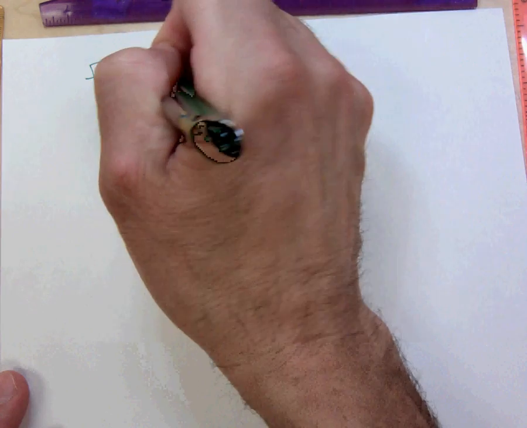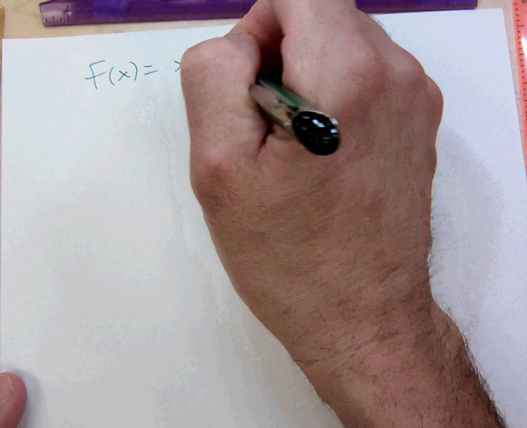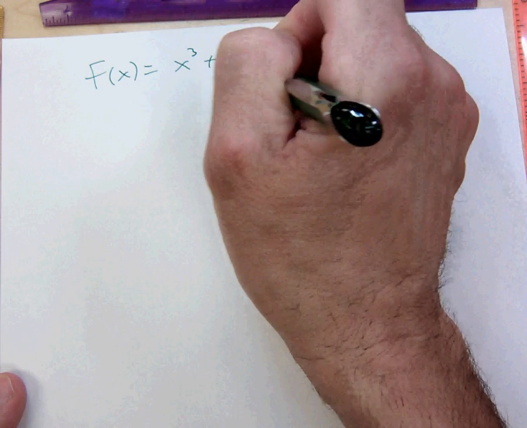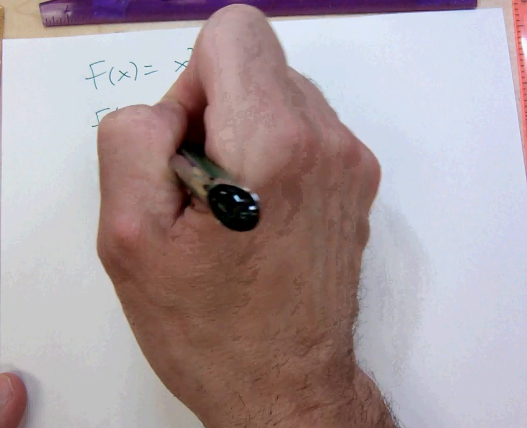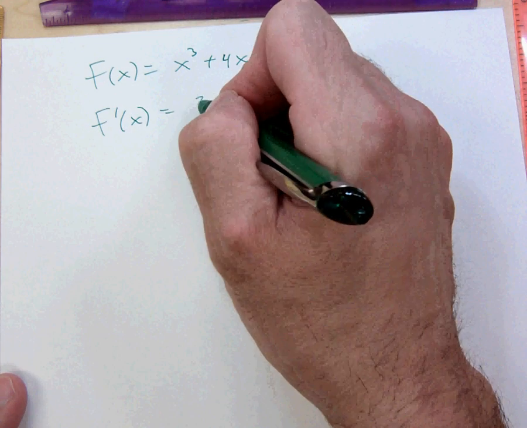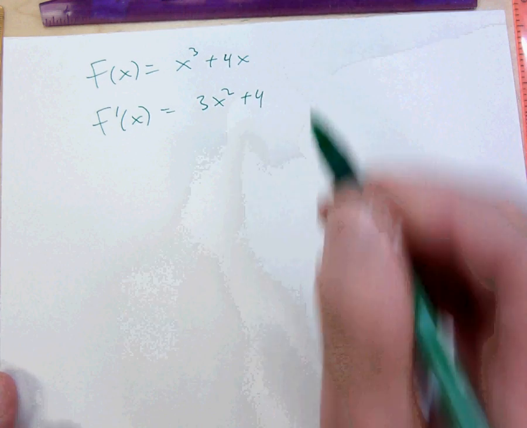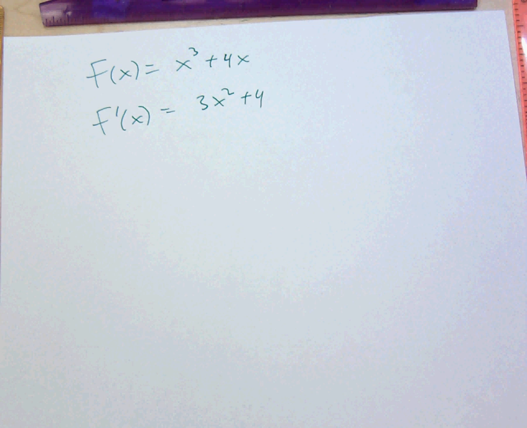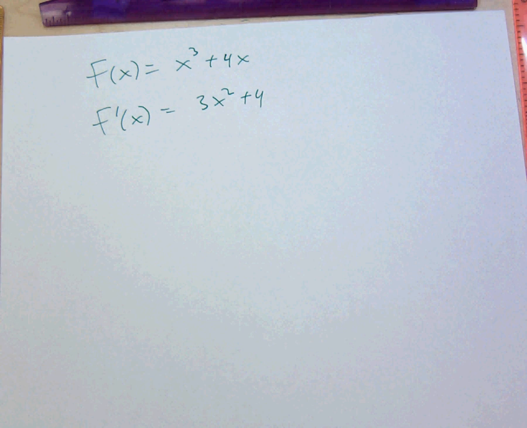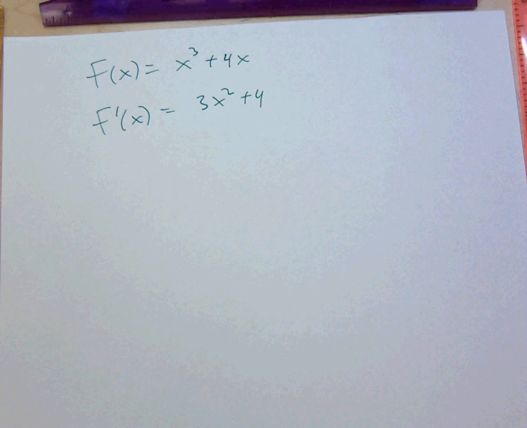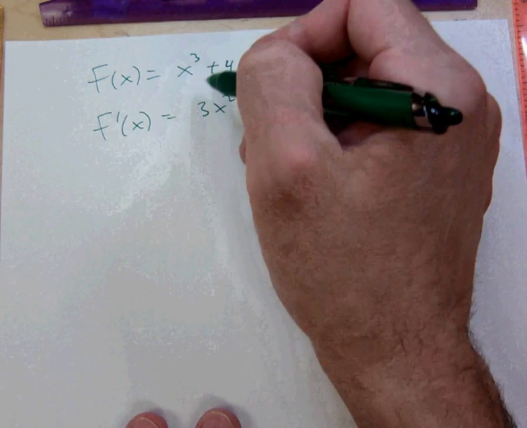All right, you guys, suppose f of x is this. What's the derivative of that? What is it? 3x squared plus 4. This is one thing that the TI-84s won't do for you. It won't tell you that the derivative of that function is 3x squared plus 4.